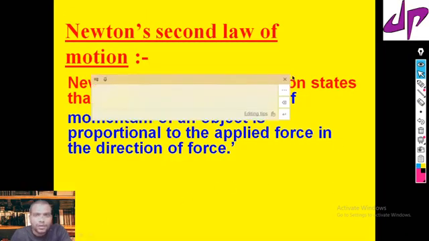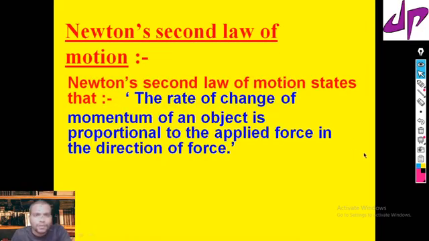Newton's second law says that the rate of change of momentum of an object is proportional to the applied force, in the direction of the force. So Newton's second law gives a formula for force, F equal to ma. Force equals mass times acceleration, and the units are newtons.